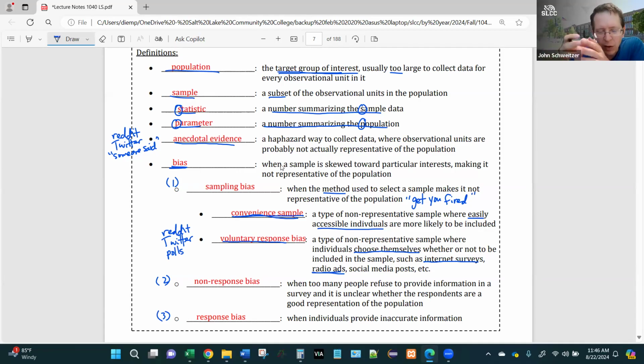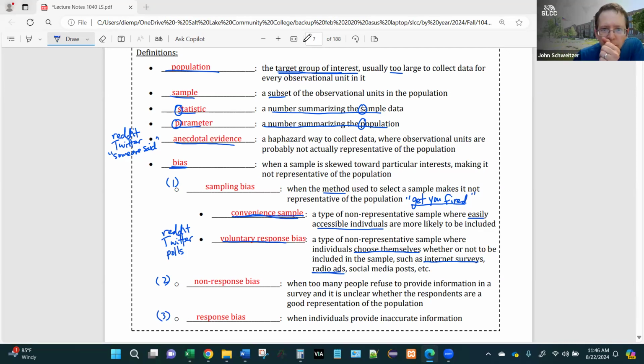So it creates all kinds of bias issues with the sample. These are things that you can typically avoid. If you're doing a convenience sample or using a voluntary response sample, then it's just bad practice. The other two kinds of bias, let's see, I got something in the chat here.